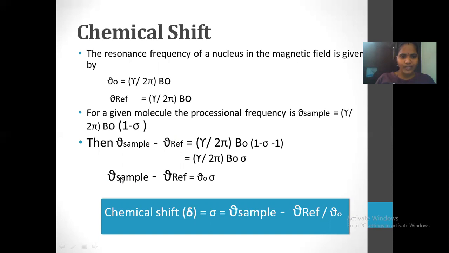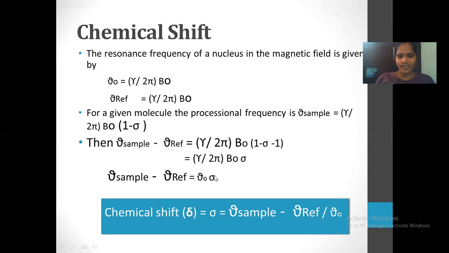I told you that mu naught is equal to gamma by 2 pi into B naught. So instead of gamma by 2 pi into B naught, I just represent mu naught into sigma.